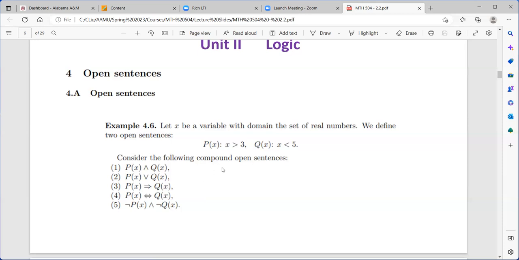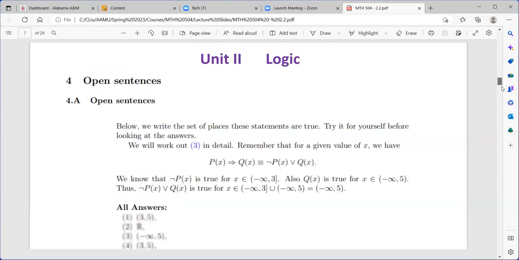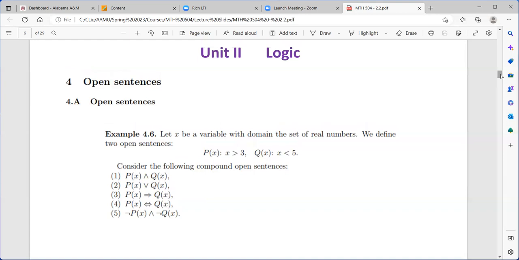So you are taking the union of these two intervals, and if you draw the sets on the number line, then you see the union of those two sentences is all real numbers actually. So that's the answer for the second open sentence.